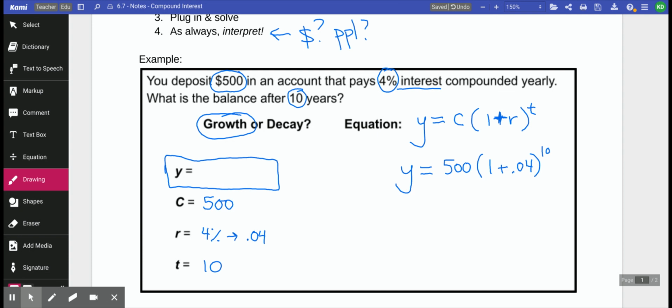I can certainly add 1 plus 0.04, and that's 1.04. But this next part are exponents. So we did our parentheses. Right now we're working on exponents. This part I definitely need a calculator for. So if you don't have a calculator that does exponents, you need to get one.